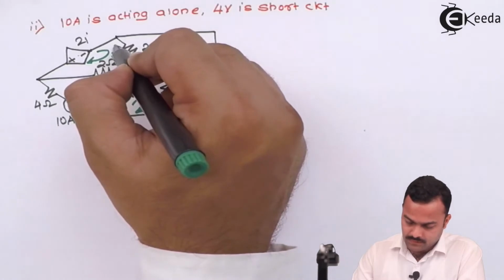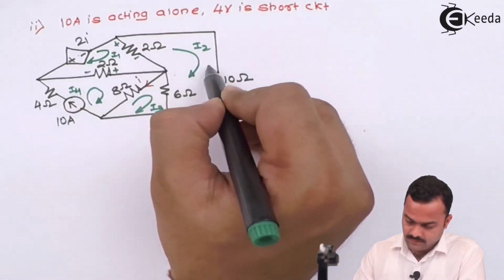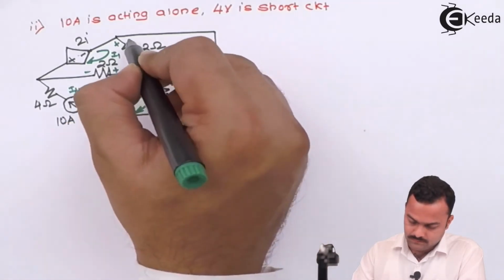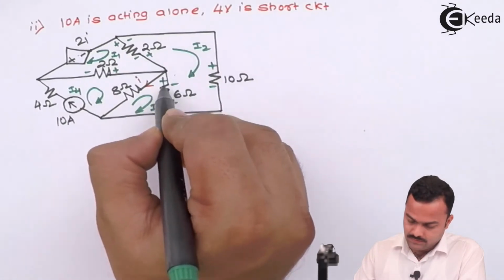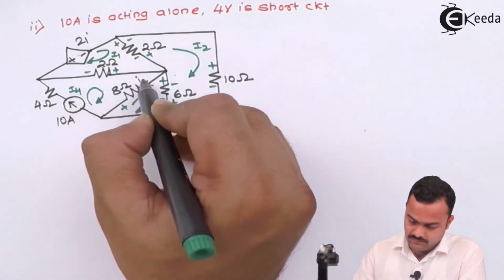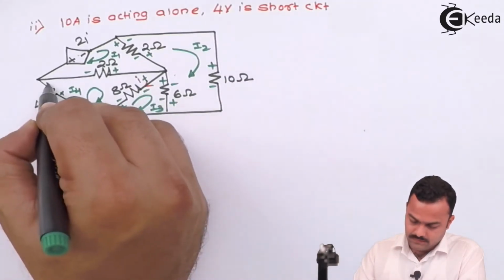So let's mark the polarities of voltages across resistor. This is because of I1, this is because of I2, and this is because of I3, and finally I4 will also have voltages in this manner.